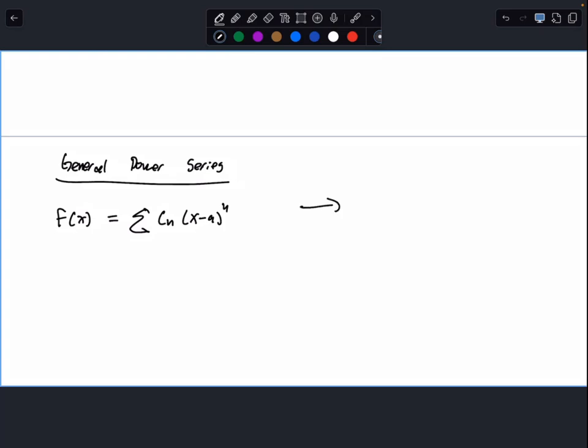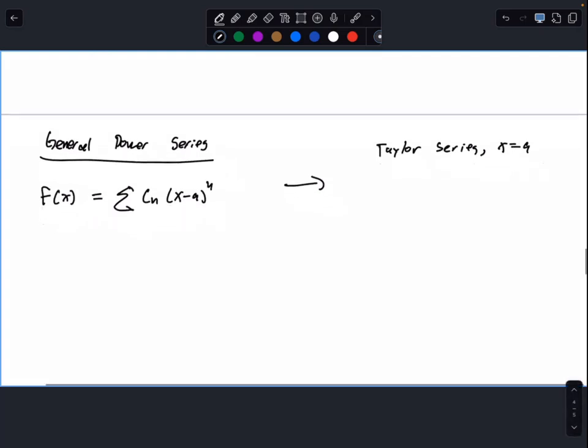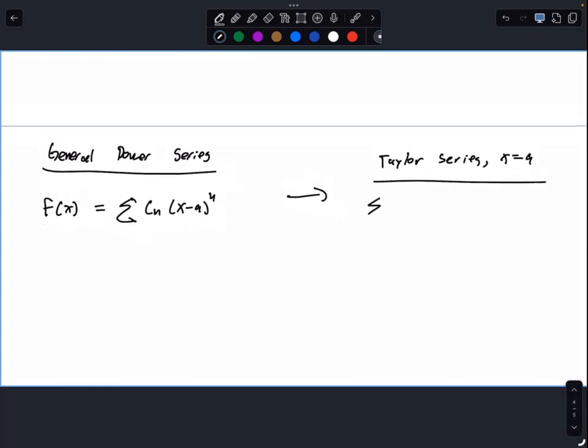But we also have what is known as a Taylor series centered at x equals a, which is specifically the series from n equals 0 to infinity of the nth derivative at a over n factorial times x minus a to the n.